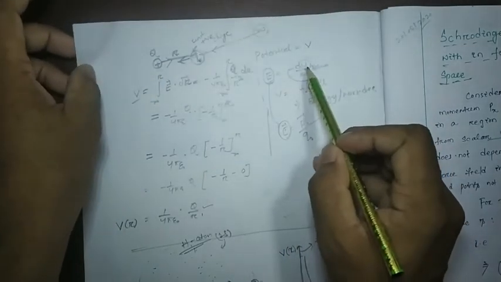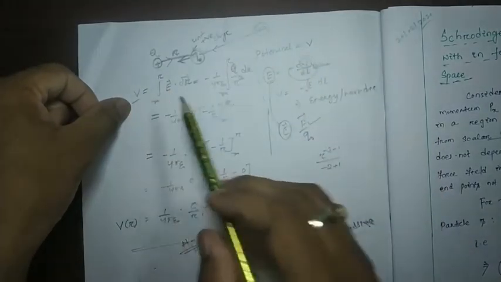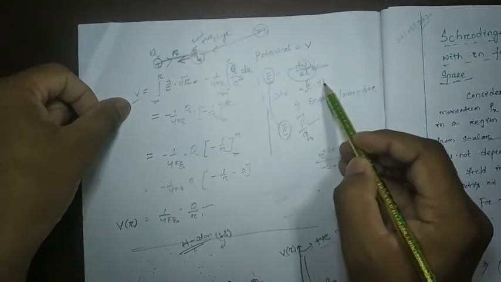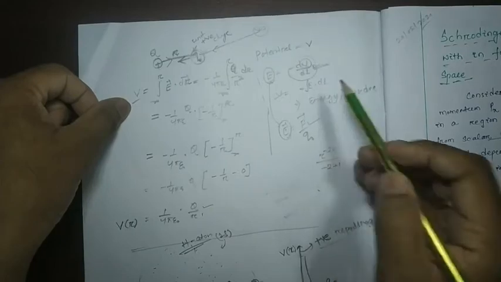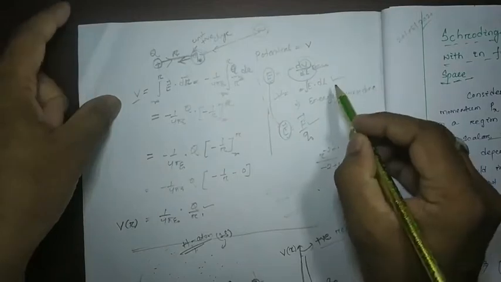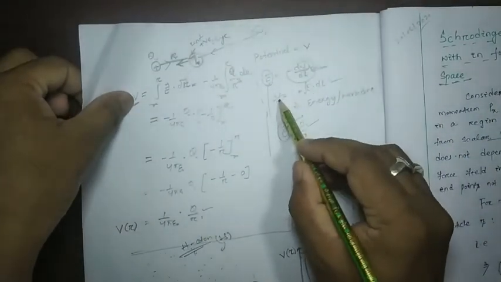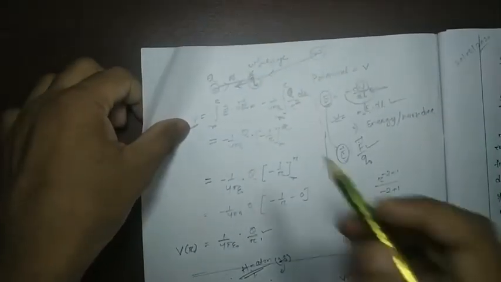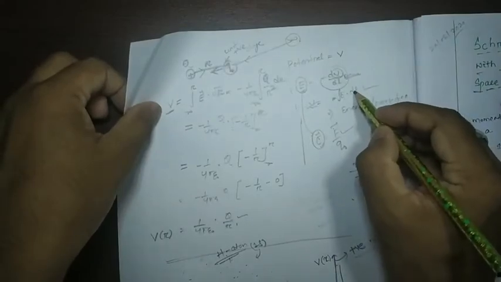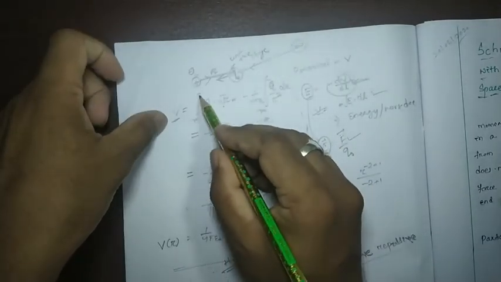If I consider its other form, then V will be minus E dot dl, minus E into L. Now this V can also be written in this way: minus the integral of E dot dr from infinity to r.